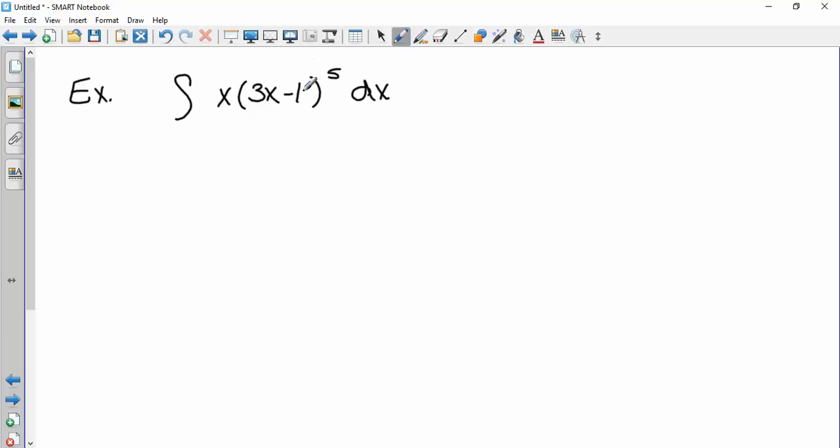And unless you want to write 3x minus 1 5 times and multiply it all out, we probably don't want to go that route. We need a substitution. So our u would be the 3x minus 1. Du would be 3 dx. Or if I divide that over for 1/3, du is my dx.